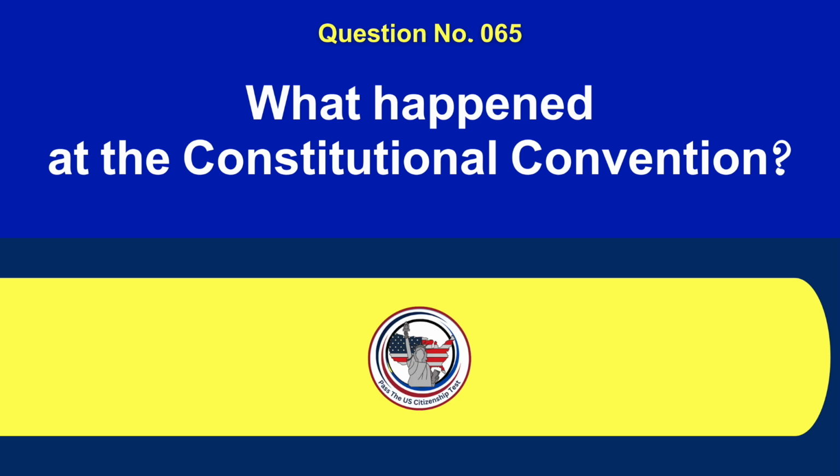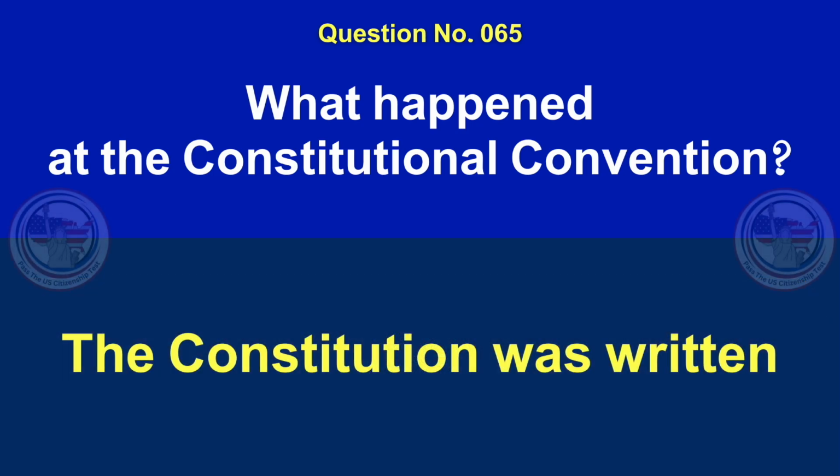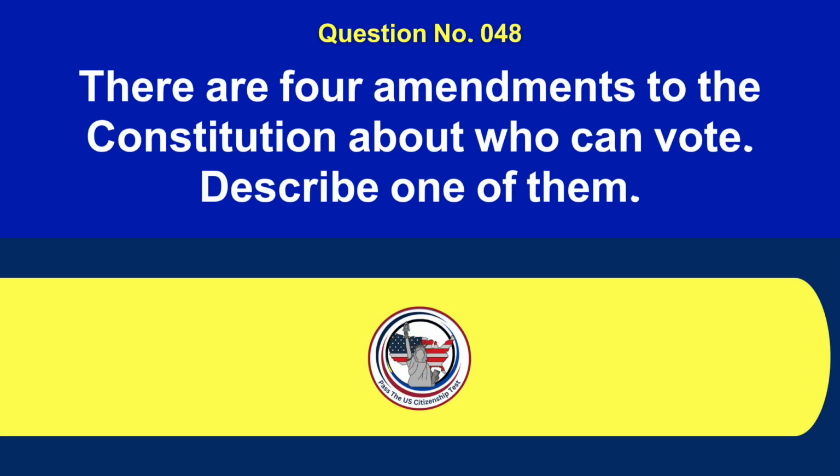What happened at the Constitutional Convention? The Constitution was written. There are 4 amendments to the Constitution about who can vote. Describe one of them.